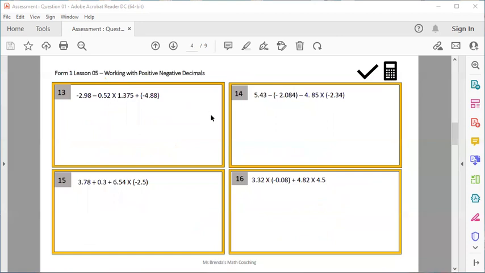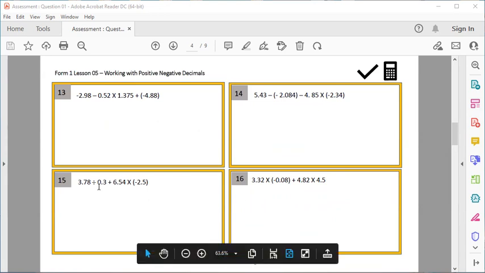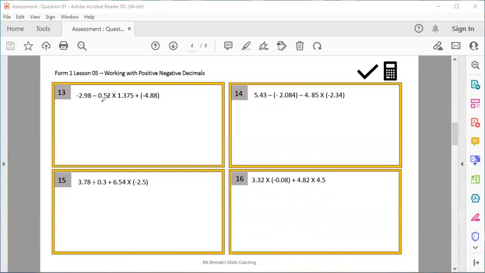What do we have? We are now only at page 4, you know. All right. I'm going to probably say that you can try the rest of the questions by yourself. Look at number 13, a quick one. There is a subtraction, there is multiplication, there is addition, subtraction. So guys, definitely you must do the multiplication first. Do you understand? So use your calculator, find the answer for this.